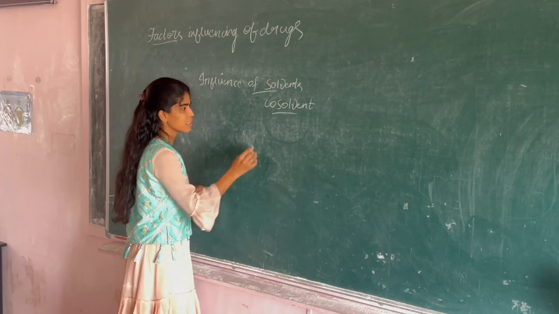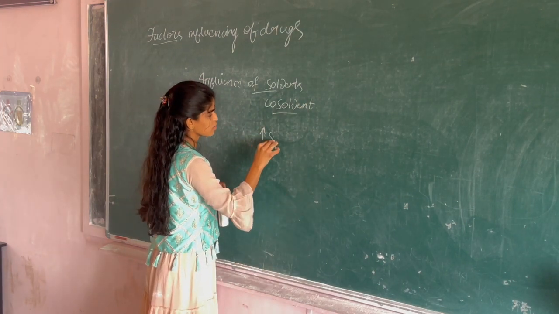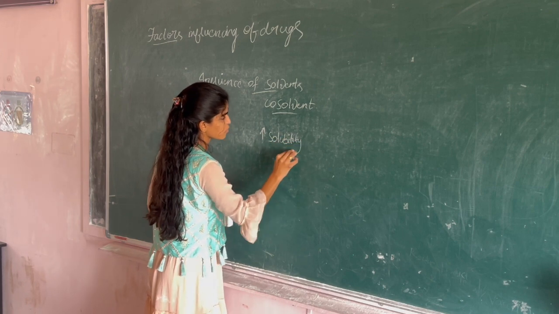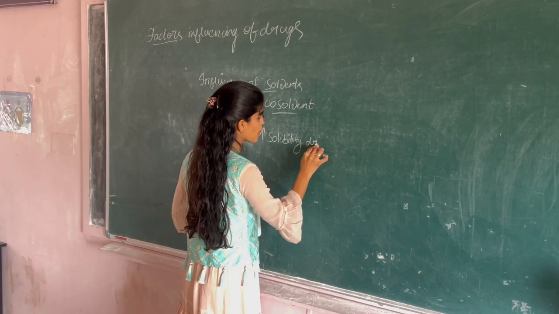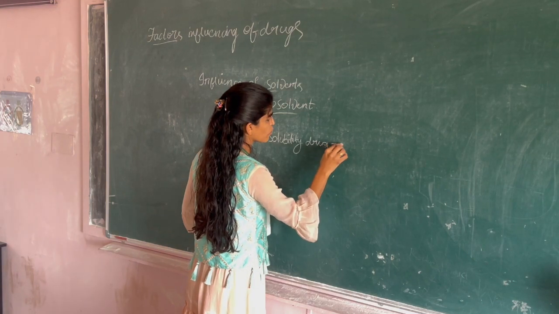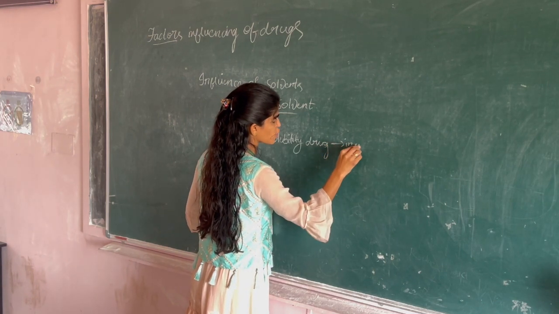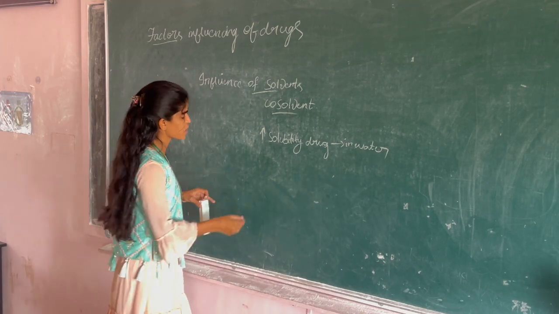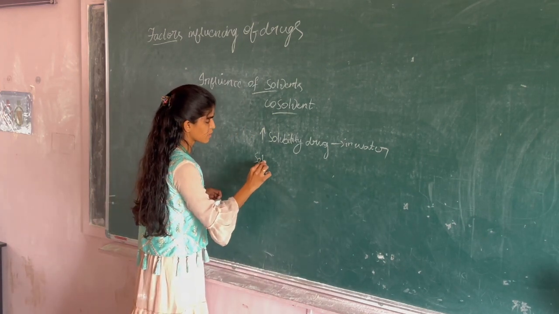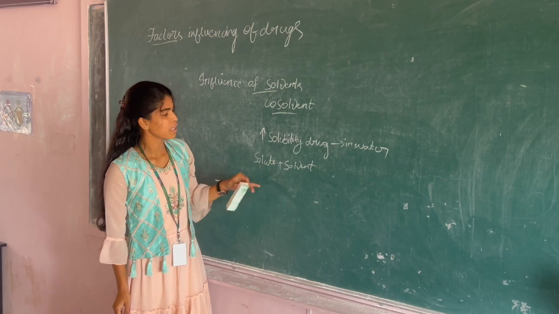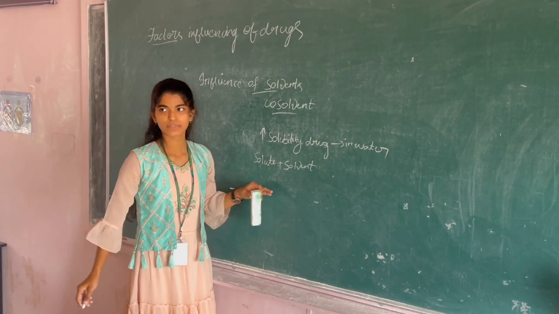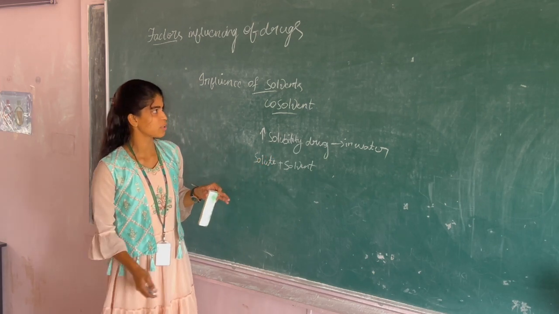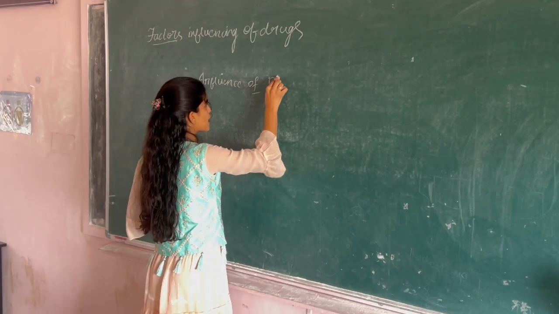A co-solvent increases the solubility of the drug in water. It is a combination of solute plus solvent. By adding a second solvent, the solubility increases.